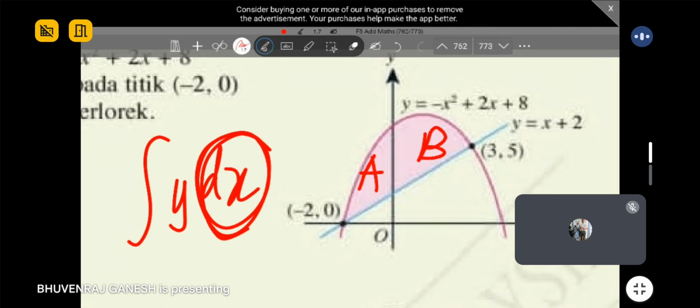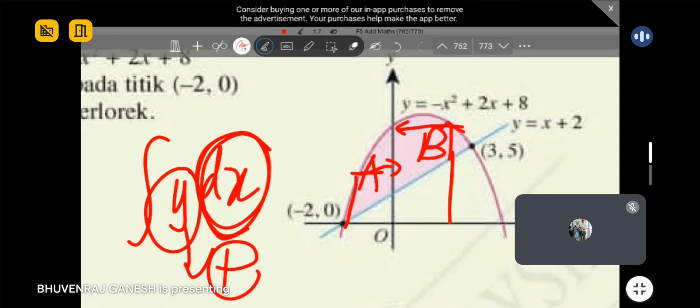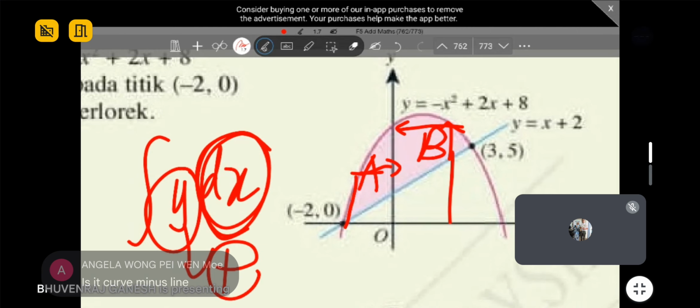Okay, so x-axis, nilai y positif. X-axis, nilai y positif. So guys, kalau nilai y kat sini positif, adakah modulus penting? Do I need to use modulus, guys? Respond a bit. Modulus penting or not for this kind of case? Yes, it's a curve minus line.